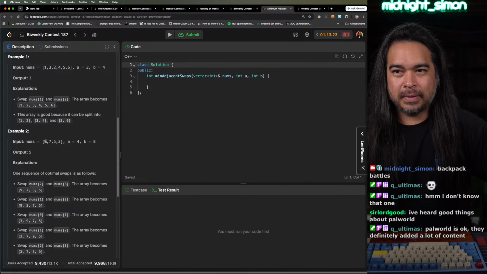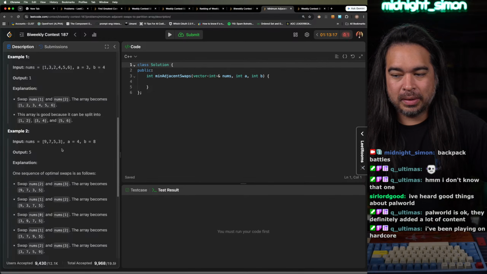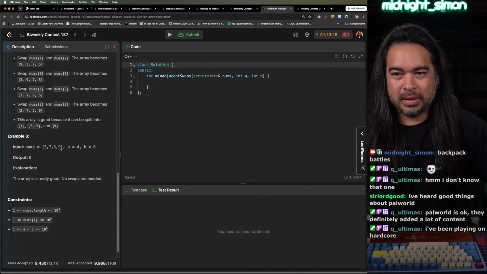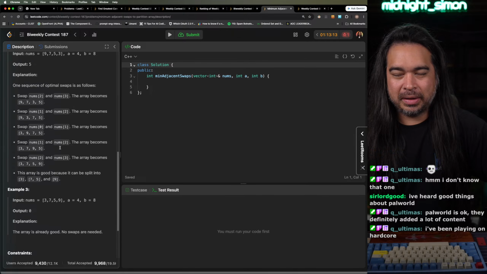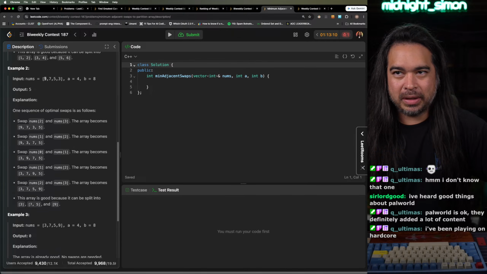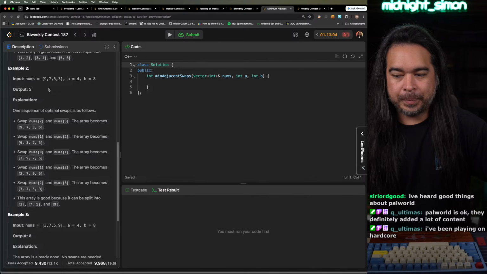And to get this to the end, I'll need 2 swaps. But it's tough. There must be some observation I can make, like where they should go.